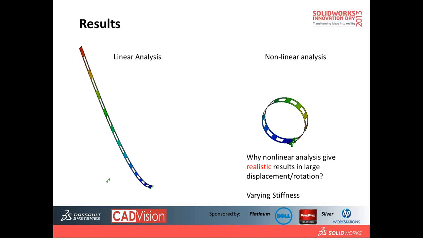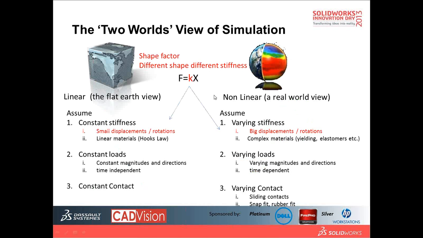So we make a little bit of a summary. These problems involve large displacement and rotation, right? To capture the realistic result, we actually need the technology of varying stiffness in the solving stage. So different shape, different stiffness.